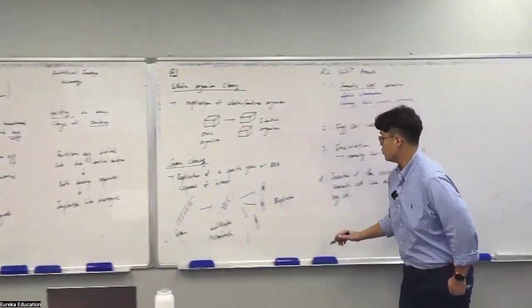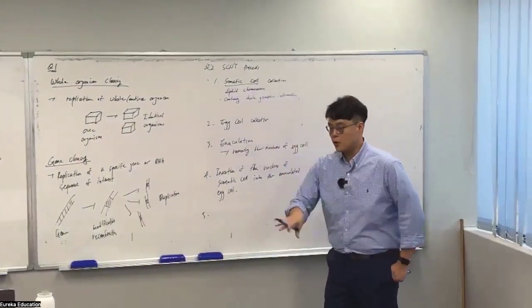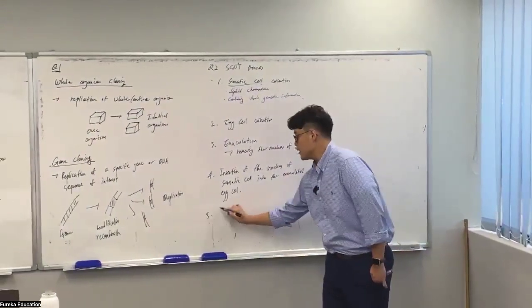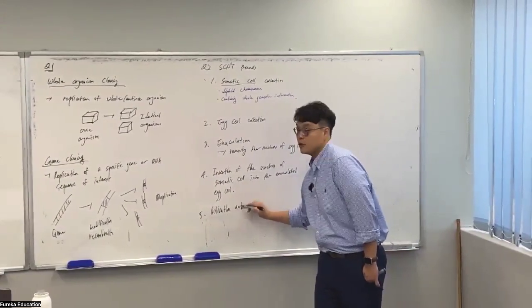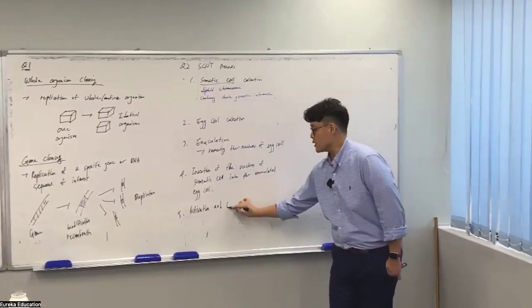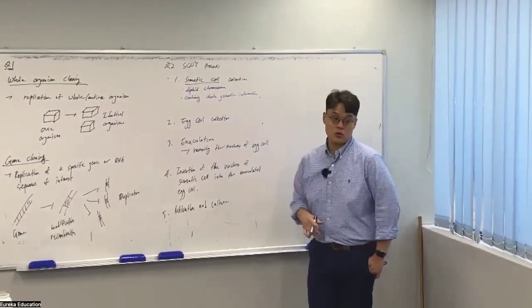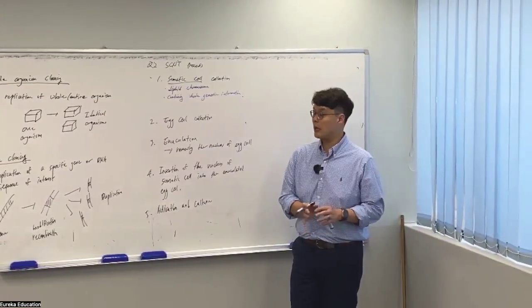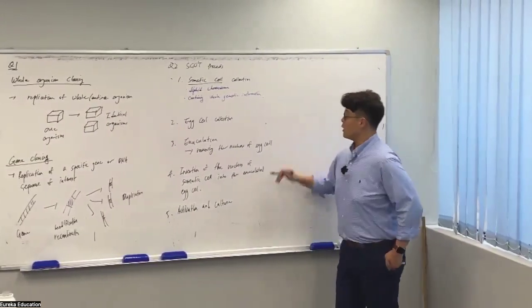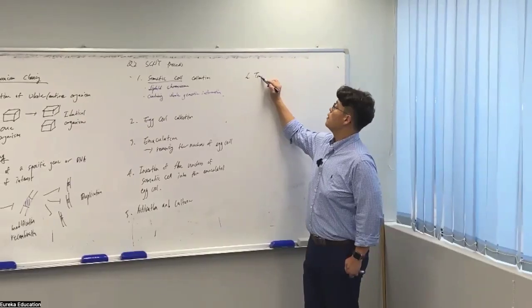And then what we do is we don't really put it in straight away too. We activate it, activation, and after that we culture that in some artificial conditions too. So put it into a laboratory, the condition similar to a mom's womb, and then after that transfer.